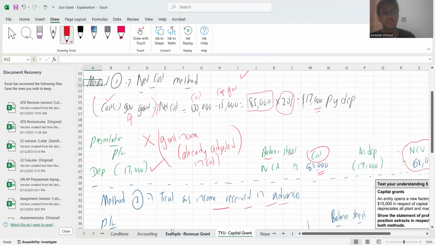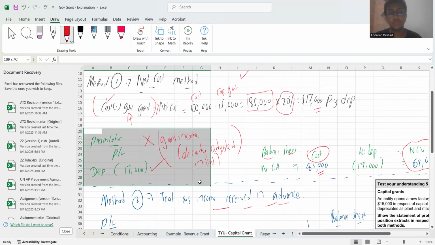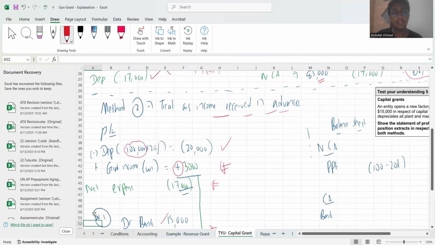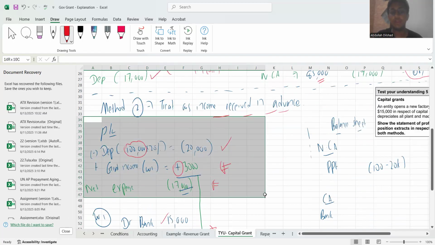Can you see here? Under this method also, your expense is 17,000. So there is no difference whether you treat it under method number 1 or method number 2.